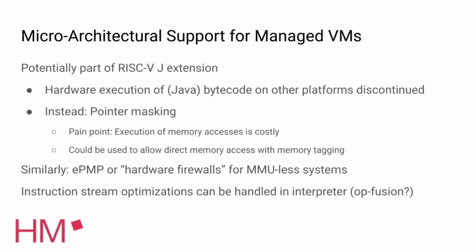In the interpreter, some kind of operation fusing. You could inspect some kind of JIT behavior, where you observe the code at loading time or at runtime, and try to fuse different operations into one low-level operation, for example.